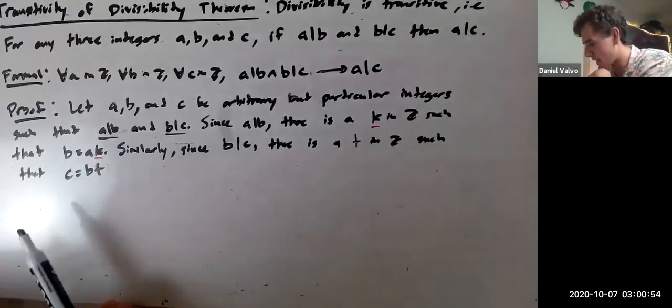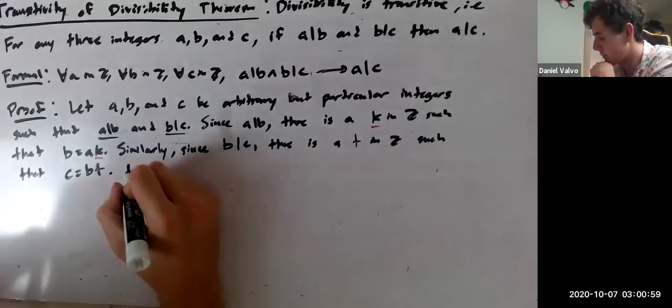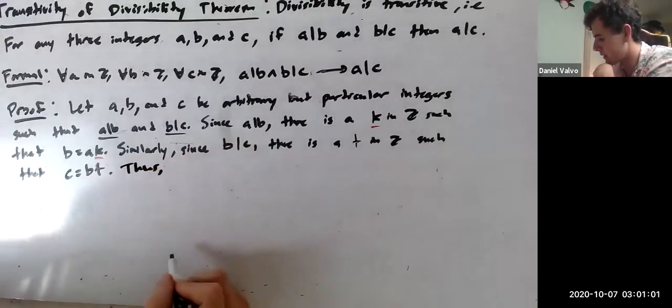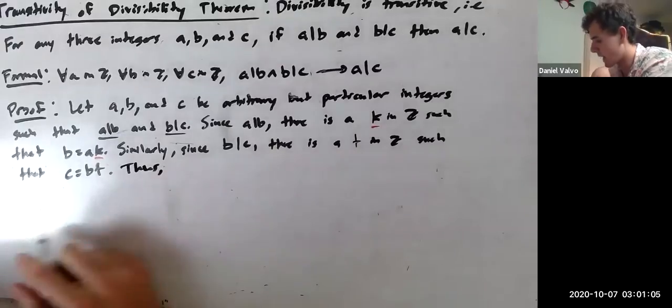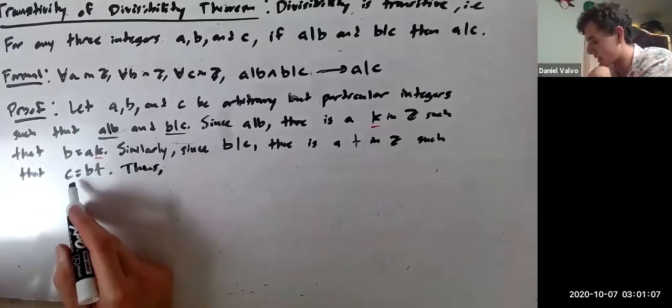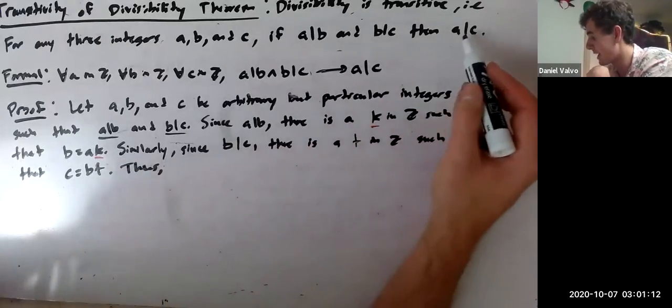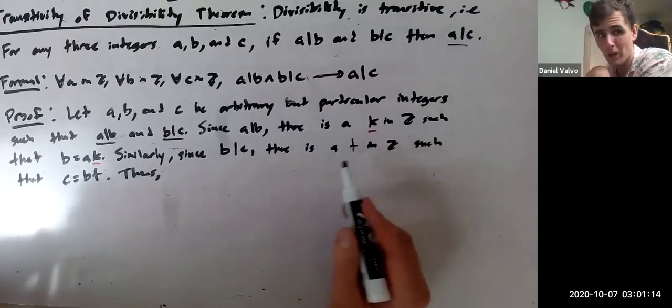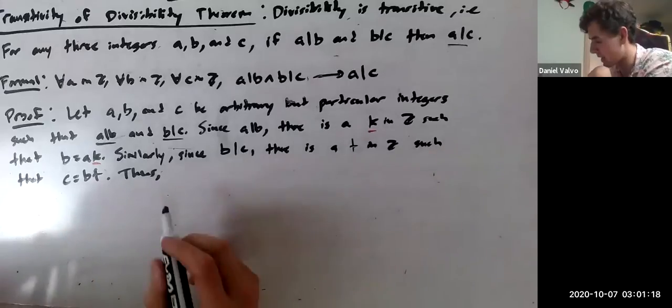we know that b equals ak and c equals bt. And then we have everything we need, right? We can just say thus. So we kind of work backwards here, right? We eventually want to get c as a multiple of a because we're trying to prove a divides c. So we want to get c as a multiple of a. So we're going to start with c and try to write it as something times a.